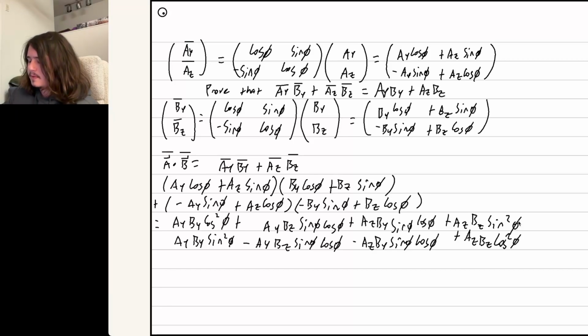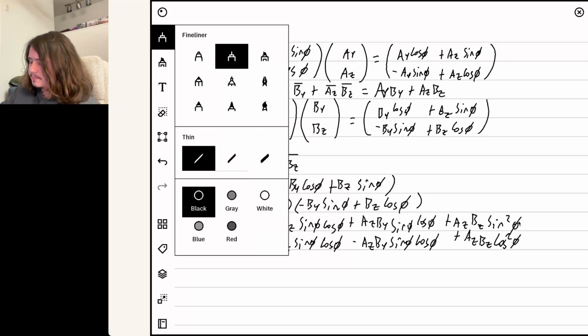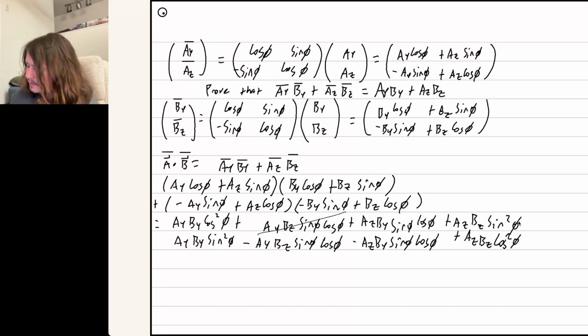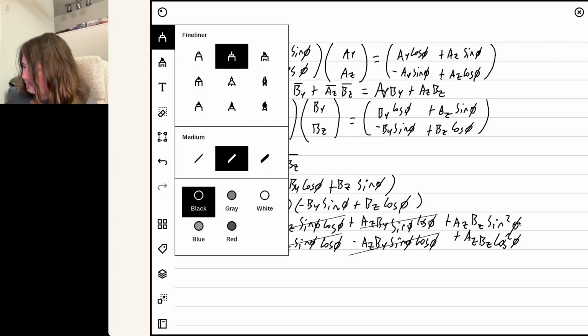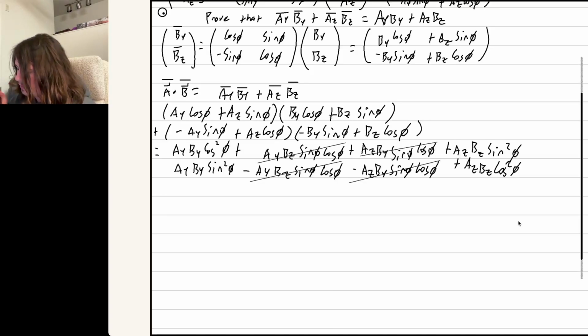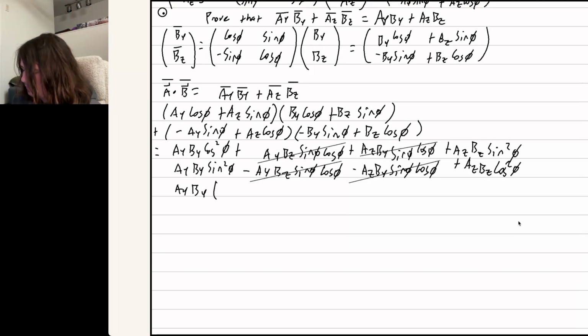Super. Already you can see that these terms cancel out. You have a plus and a minus on both of these, so just get rid of those. And then what you're left with is Ay By, where one of them was multiplied by cosine squared phi, the other by sine squared phi.